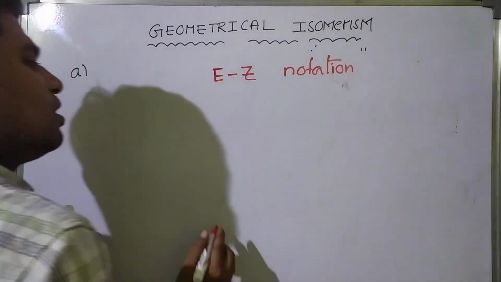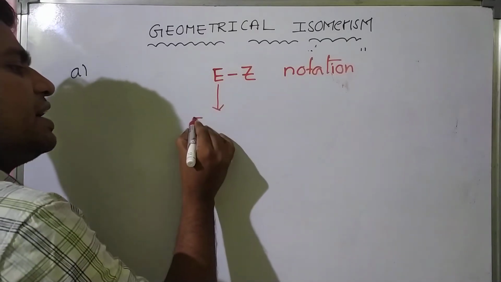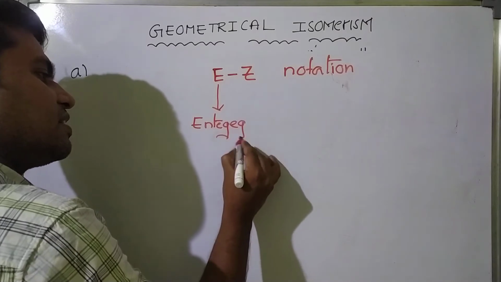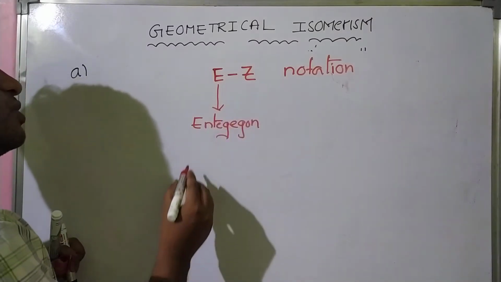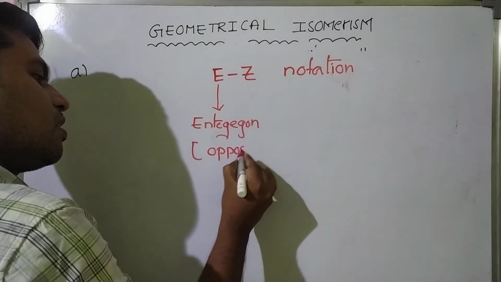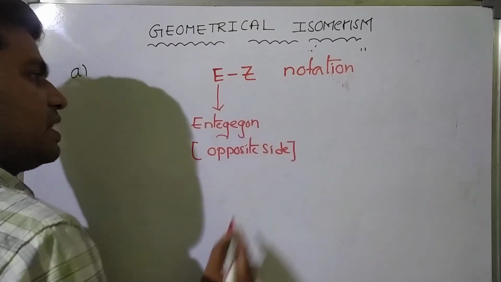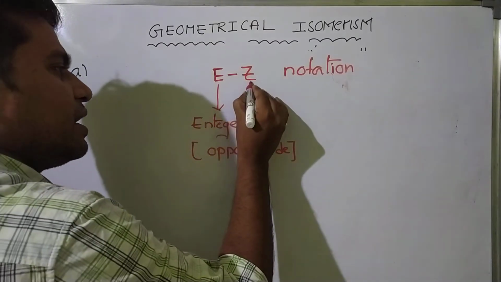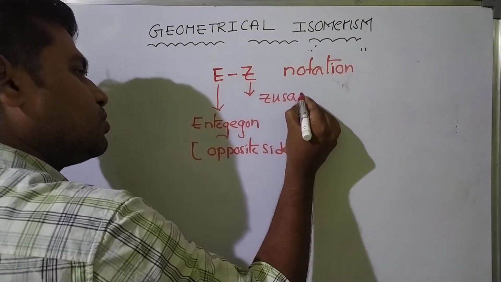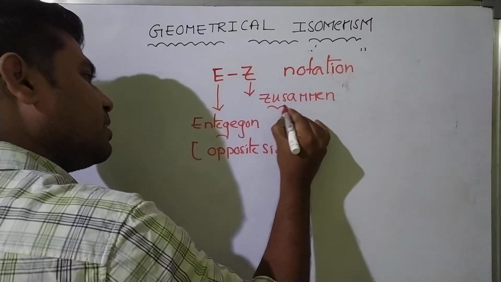So what is called E? E means entgegen, which means opposite side. So Z means zusammen.